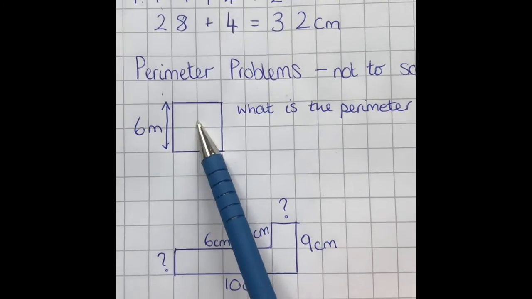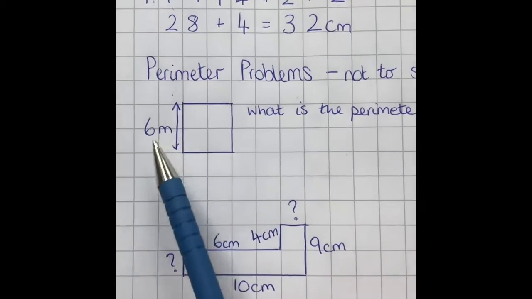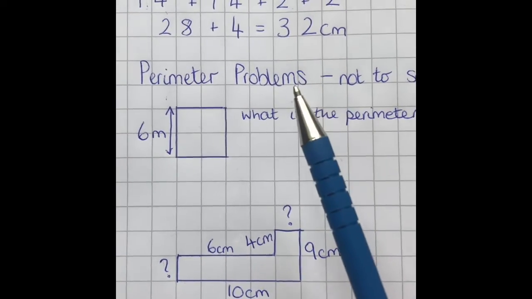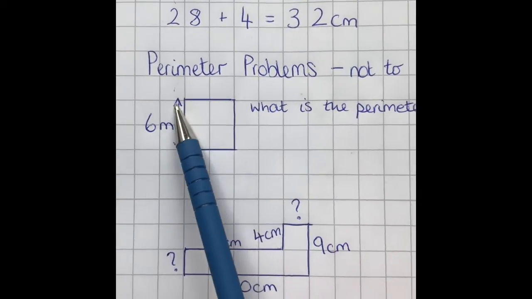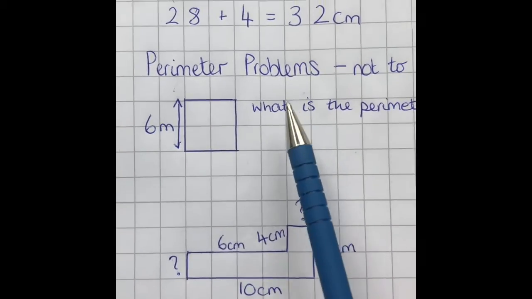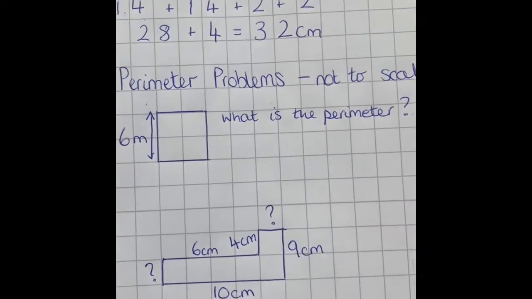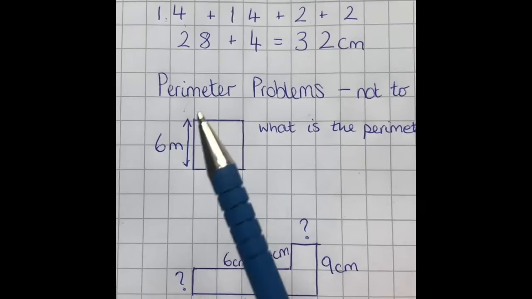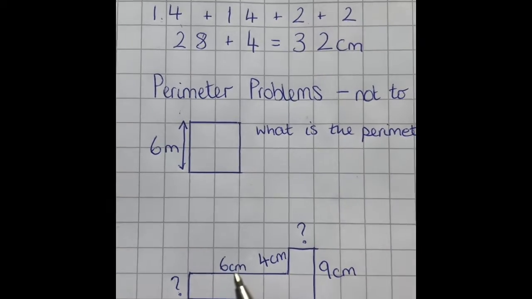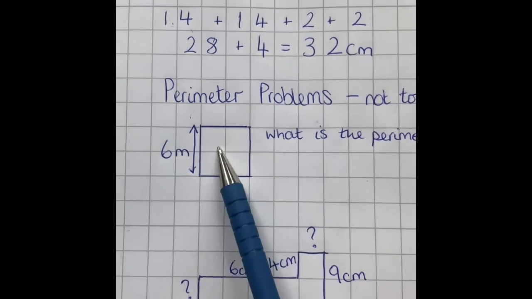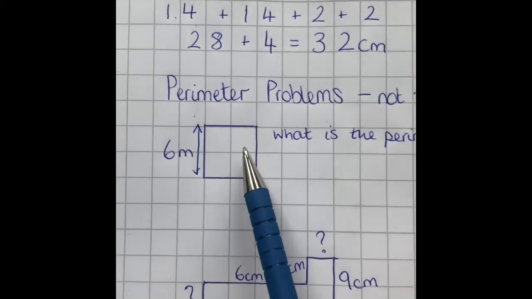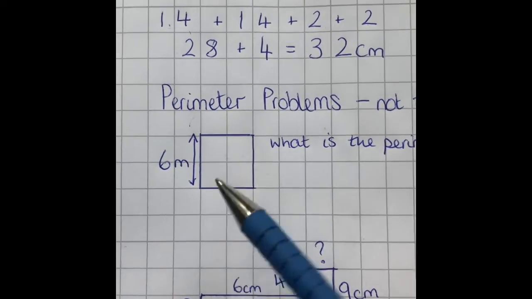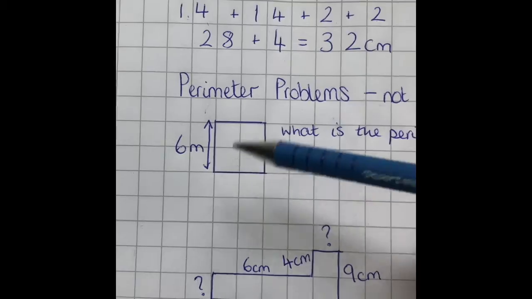So this first one here is giving you the length of one of the sides. And remember, to work out perimeter, we need the length of all of the sides. And it says, what is the perimeter? Now for this, you need to look at what the shape is. It's a square. Now can you think what you know about squares? That's right, all four sides are the same.